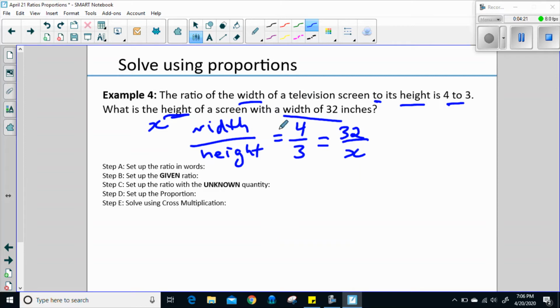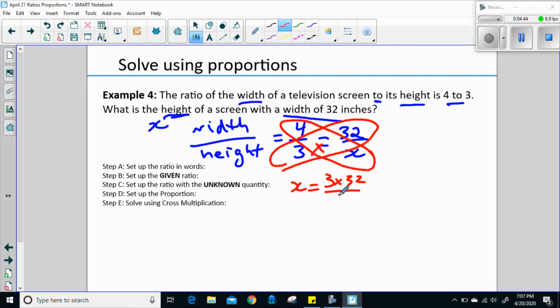Now, in order to solve this proportion, I'm certainly going to want to do some algebra. There's a wide variety of ways that you can think about doing this. My preference when I've got a fraction equals a fraction like this is to do cross multiplication. So I'm going to say x equals 3 times 32 all over 4. 3 times 32 divided by 4.